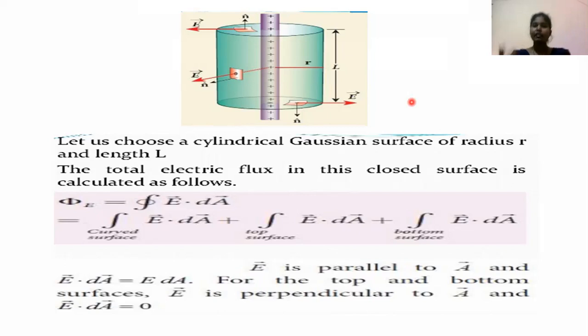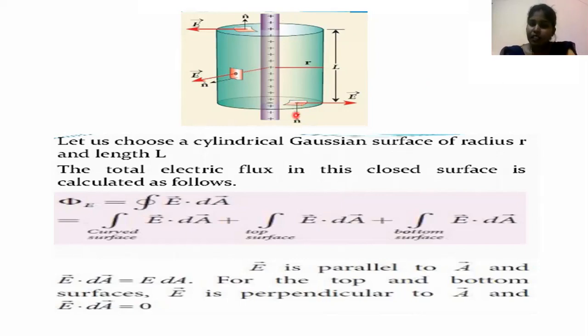Now the electric field is radially outward, as the charges act radially outward. So at the top and bottom surfaces, E is perpendicular to the end cap, making an angle of 90 degrees with dA.